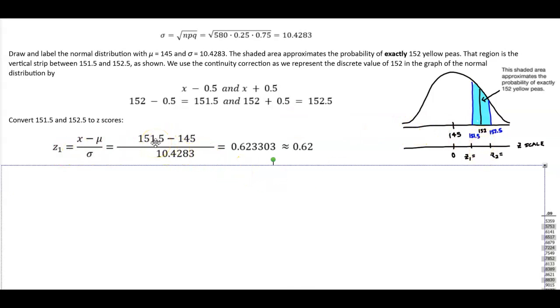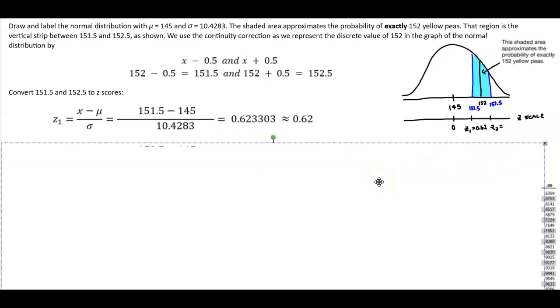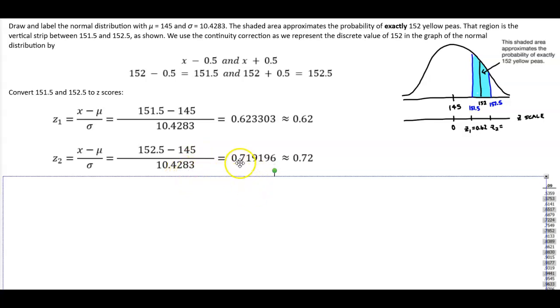If we take 151.5, subtract 145, and divide by the standard deviation of 10.4283, we get 0.623303, and rounding that to 2 decimal places gives us 0.62. Then for the other z-score, we use x equal to 152.5, subtract 145, and divide by 10.4283. That gives us 0.719196, which gives us 0.72.